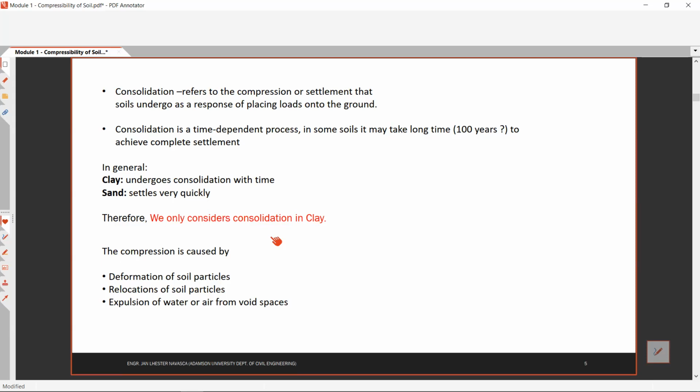Totoo yun, nagkaka-settle pa yan, kasi may clay layer ka sa ilalim, hindi agad nagfo-flow yung water doon since nahihirapan siya, parang nai-enclose pa siya. So hindi siya nag-squeeze out agad-agad. Okay? Yung compression is caused by deformation of the soil particles, relocation of soil particles, and expulsion of water or air from the void spaces.